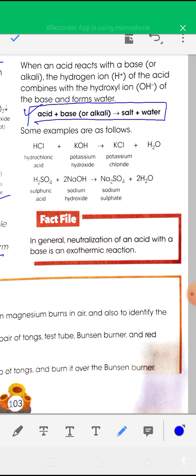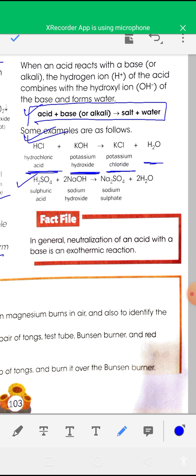For example, hydrochloric acid HCl and potassium hydroxide KOH. HCl is an acid and KOH is a base. They combine together to form a salt KCl and H2O, water. So HCl plus KOH gives KCl plus water. This is an example of neutralization reaction.